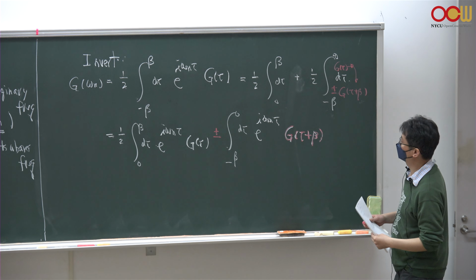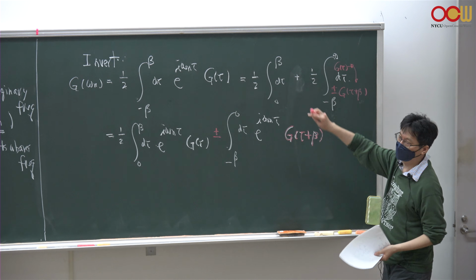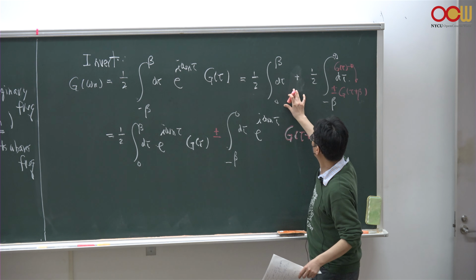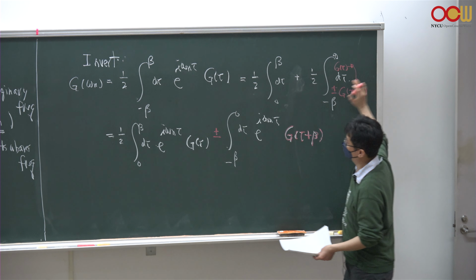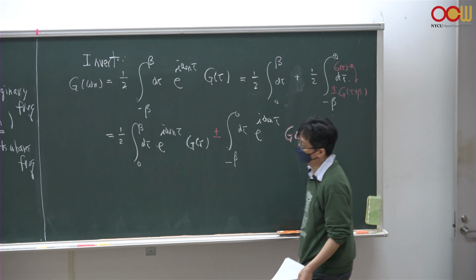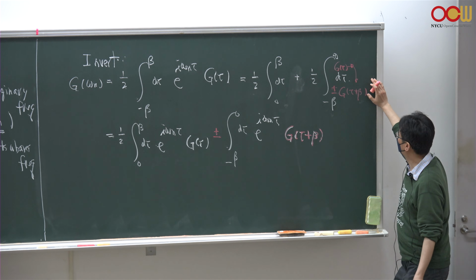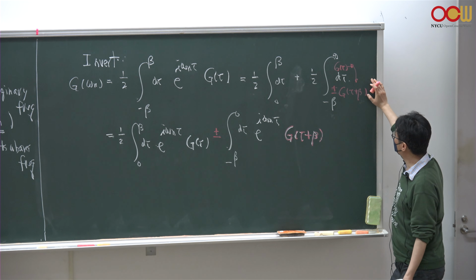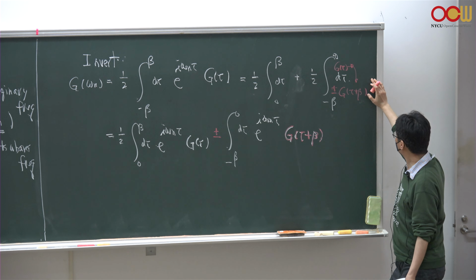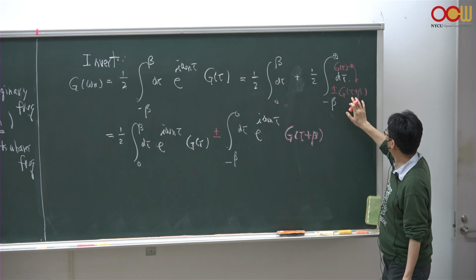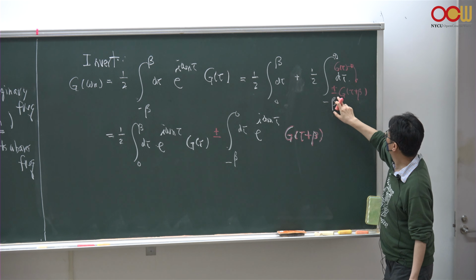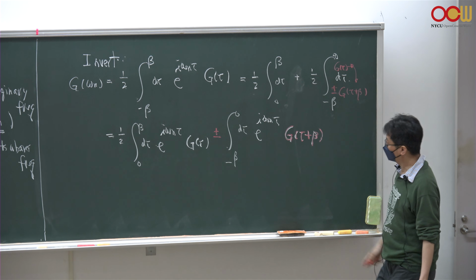You could decompose this into the positive time integral and the negative time integral. For the positive time, you simply copy this. You don't do anything. But for the negative time integral, you simply use the periodic or antiperiodic boundary condition for this Green's function, and you shift this tau by the amount of beta. So tau becomes tau plus beta, but then you need to carry this plus or minus sign.